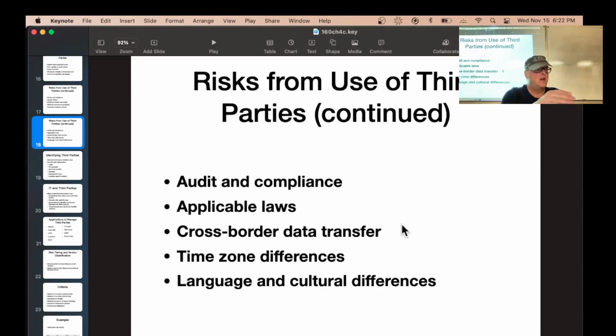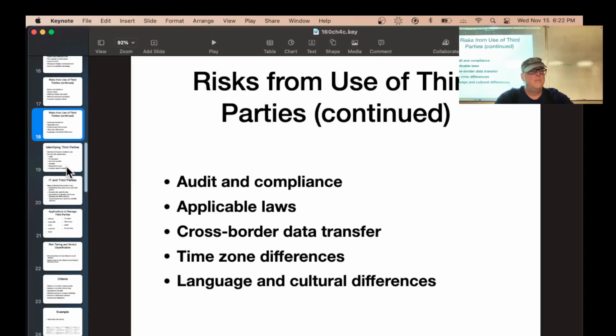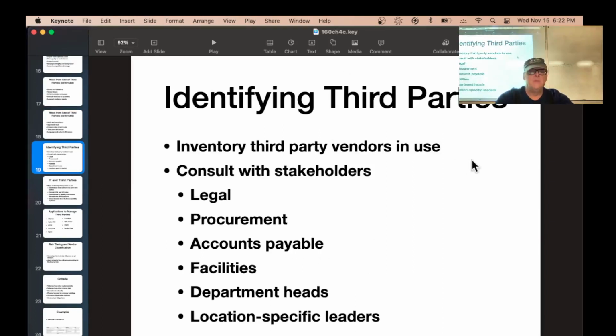So if you're using Microsoft Cloud or Amazon Cloud, you have to make sure you're using the version of that service that guarantees that your data will stay in the US, because the default cheapest version does not guarantee that. They use their servers all over the world, and you don't know where your data is. And if you do move to another location, then you've got a time zone problem and language and cultural differences in handling the staff there.